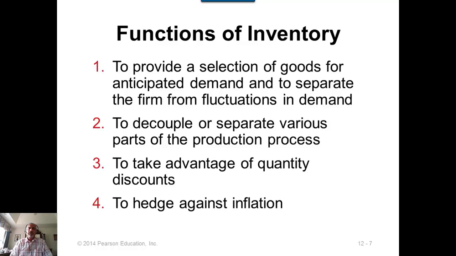And one more reason is to hedge against inflation. So we expect prices to go up, and airline companies do this by signing contracts for fuel, so that they can lock in prices. If they think that the prices are going to go up, then they can order and keep supplies coming at lower cost.